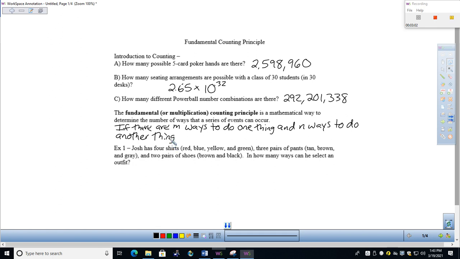So let me just read that one more time, make sure I've got it. If there are m ways to do one thing and n ways to do another thing, well, very simply, when we start talking about getting both of them done, then there are m times n, there's the multiplication, and that's why sometimes it's called the multiplication counting principle, ways to do both things.